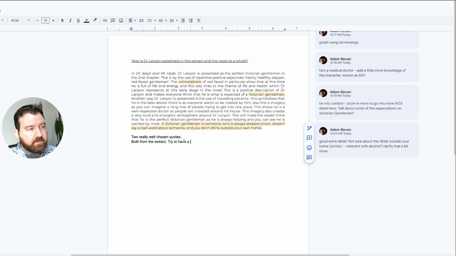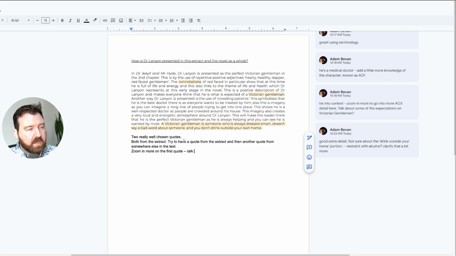Try to have a quote from the extract and then another quote from somewhere else in the text, in this case the novel. My suggestion is you could zoom in more on the first quote.